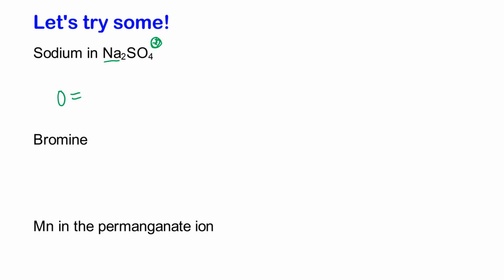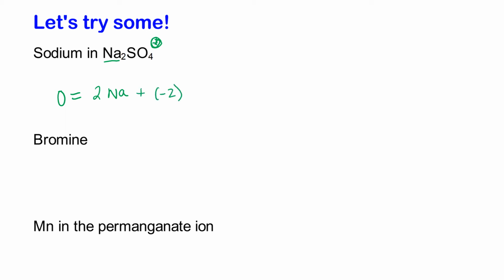So we know that the neutral charge of the compound is going to equal the sum of all of the oxidation numbers of things within it. We have 2 sodiums, and we're trying to figure out what the oxidation number of the sodiums is, so we're going to leave them as 2Na. And then we have a sulfate ion, and sulfate ions have a charge of -2.